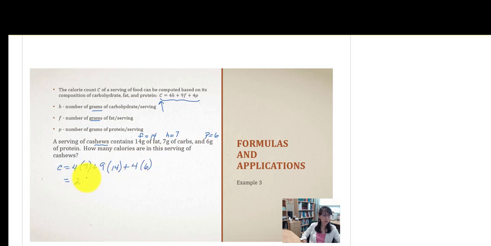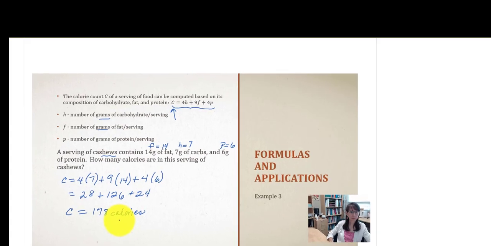So we end up with 28 added to 126, add 24. So the calories would be 28 plus 126 plus 24, and that's about 178 calories for that serving of cashews.